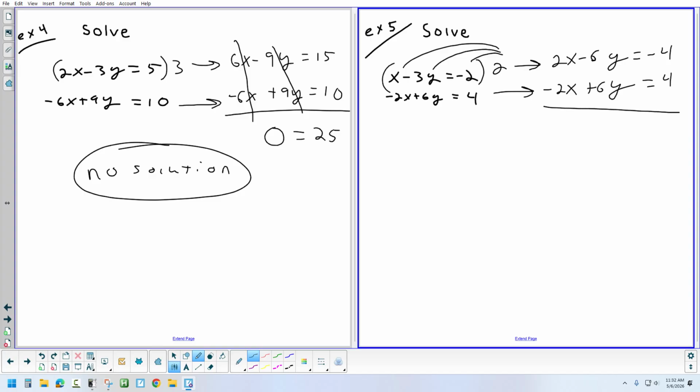Okay, we're going to add up all 3 columns and see what happens. So Hadley, what happens when you add up the first column? 0. Eileen, the second column? So that's 0, so we have nothing on that side. And then on the right side, William, -4 and 4. It cancels out and it becomes 0. Okay, all the letters canceled, so we're done. We get 0 equals 0. What do you think that means? Yep. Infinite solution.